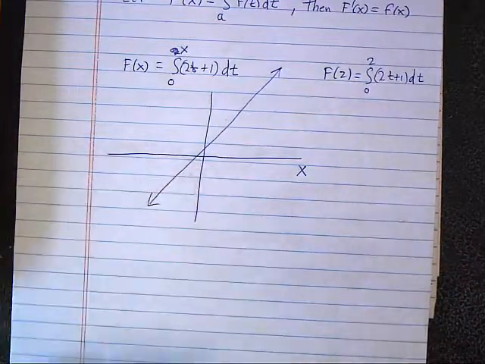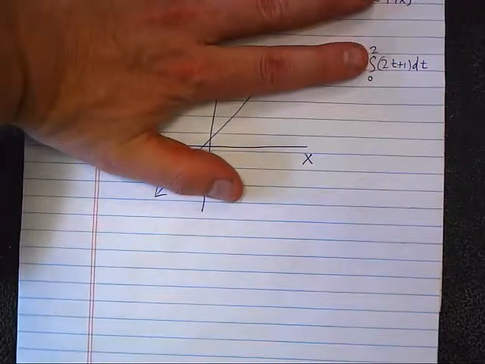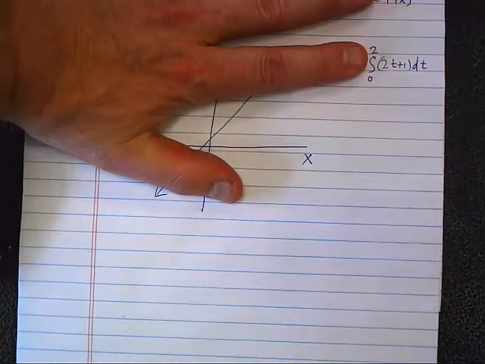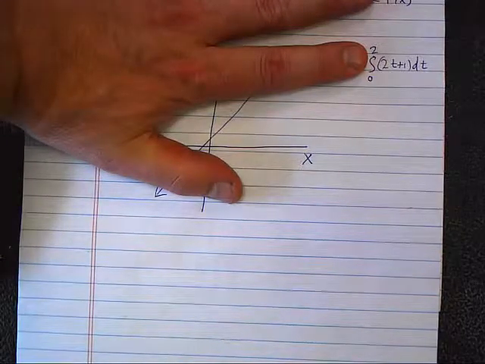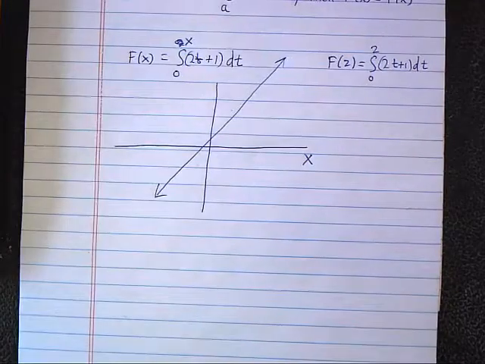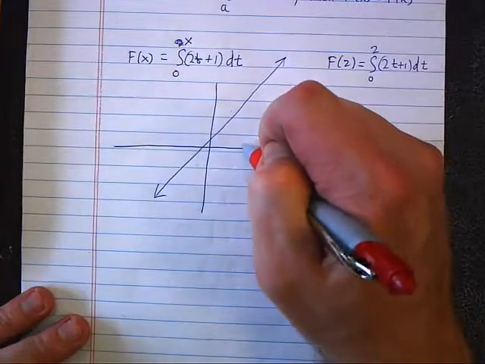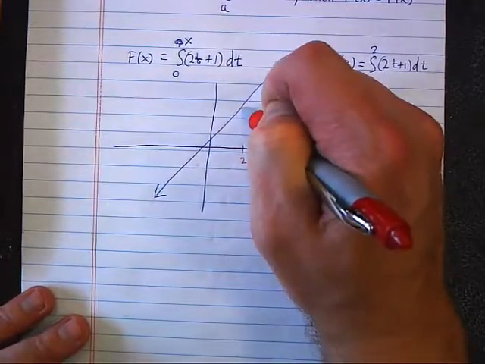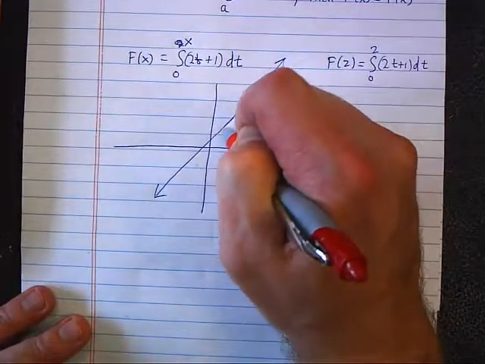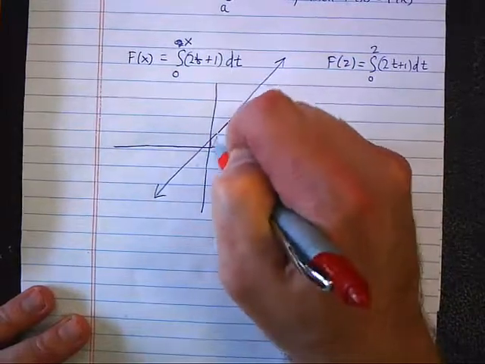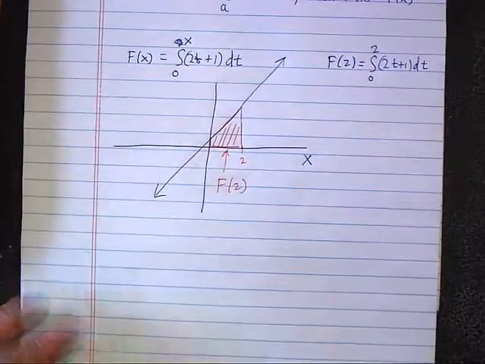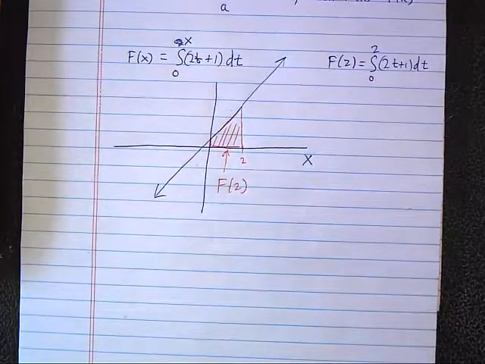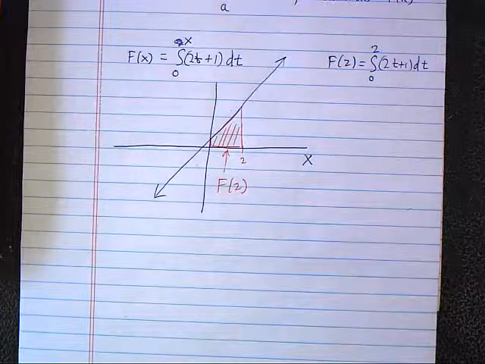What does this mean? Forget about all this other stuff. If I just gave you that symbol, what does the integral from 0 to 2 of that function mean to do? It means the area. So what this symbol would mean was you go over here to x equals 2. So that's what F of 2 is. F of 2 simply means find that area.